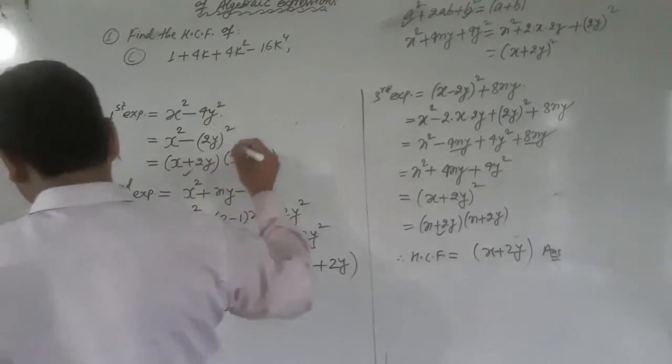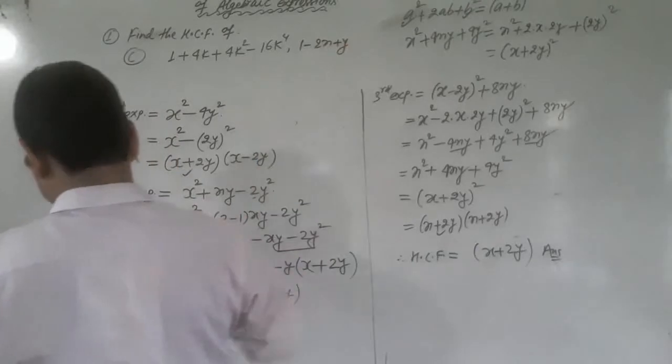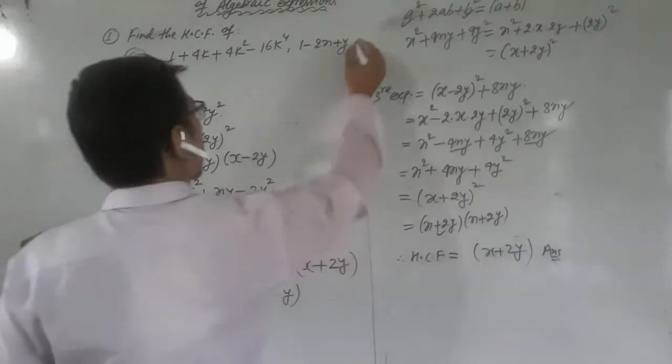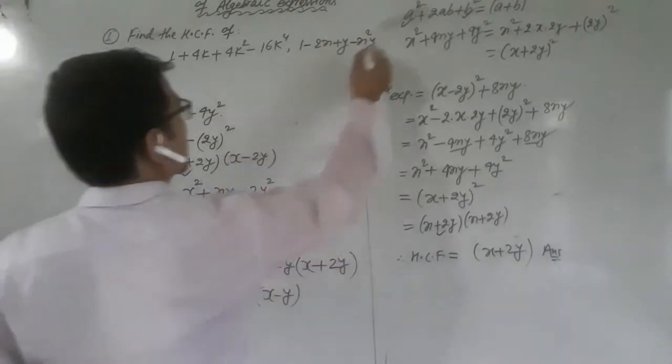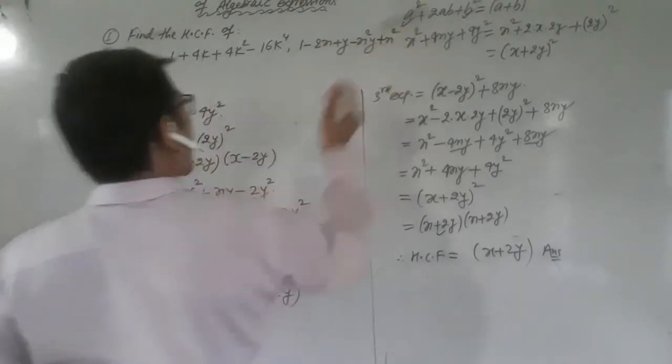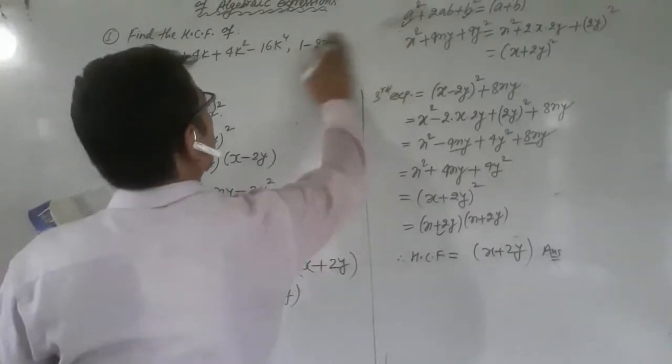The next expression is 1 minus 2x plus y minus x square y plus x square. Here only 2 expressions are given.